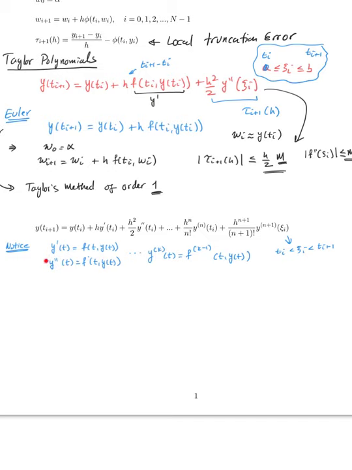Therefore, if you plug all of this in here, we get the following. So from here we'll have y of ti plus 1 should be equal to y of ti plus h f of ti, y of ti, plus h squared over 2 f prime of ti, y of ti, and so forth, plus h to the n over n factorial.